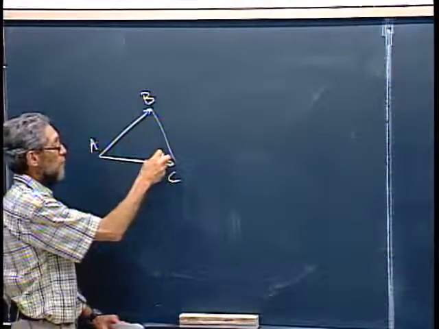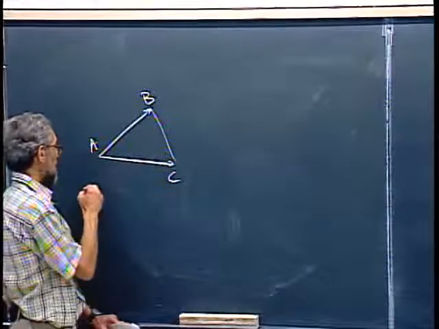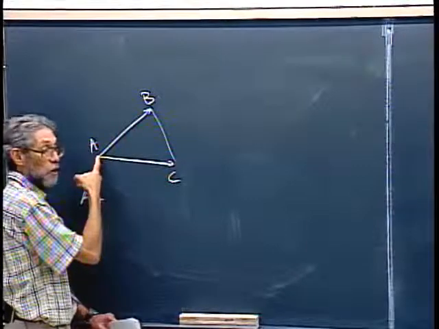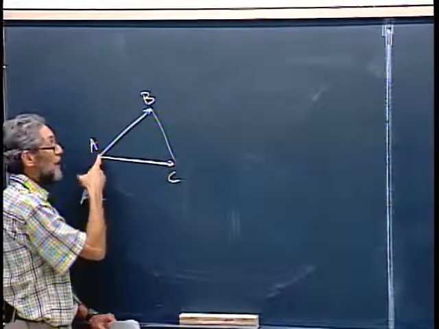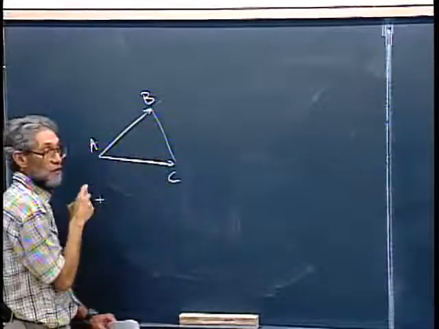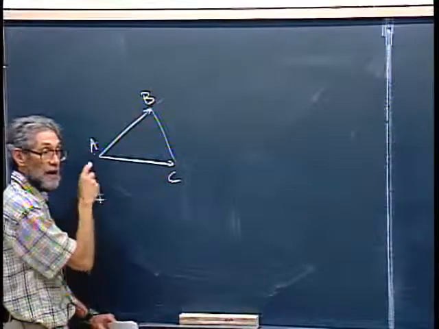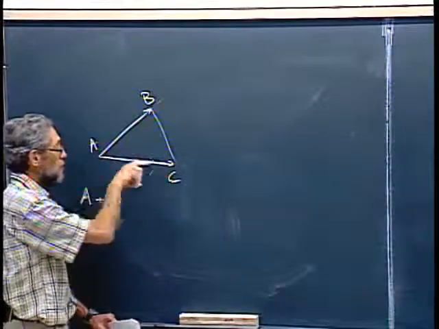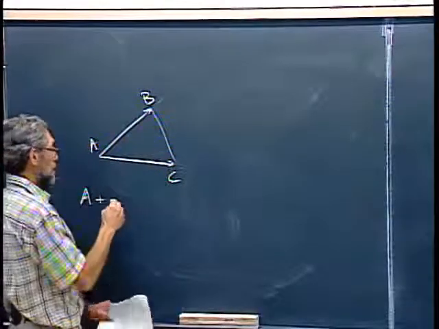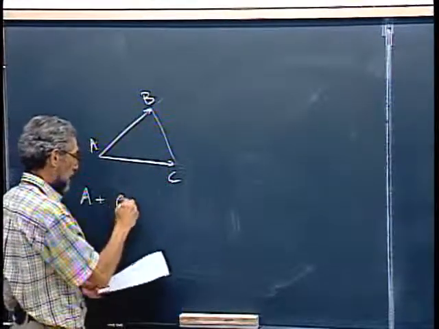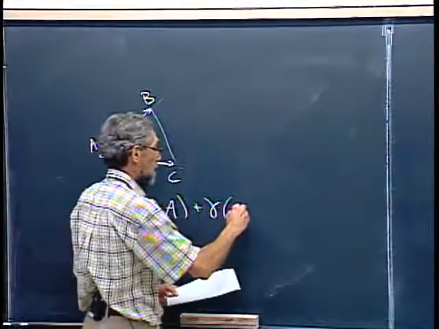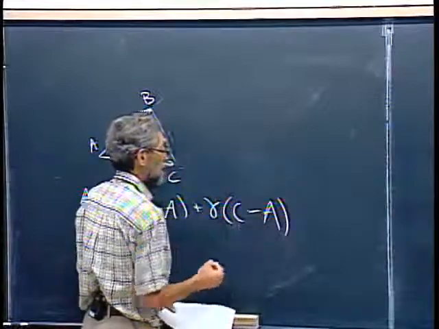Right, so any point on the plane is A plus a certain multiple of this direction and another multiple of this direction, where A is a given point on the plane, and that will give us any point on that plane, right? Because these two vectors are sort of basis vectors for moving along that plane. So we can think of it as A plus beta times B minus A plus gamma times C minus A.